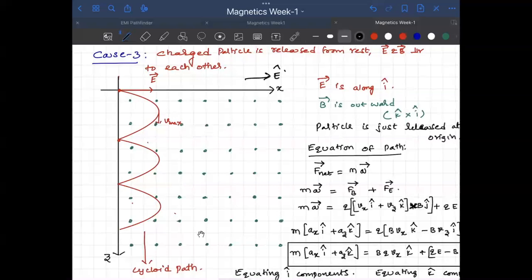Suppose there is no magnetic field, no green dots, what would have happened? It is only the electric field, and it would have gone in a straight line path along the x-axis. Agreed, boys and girls?